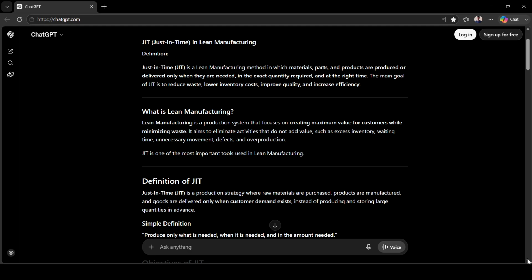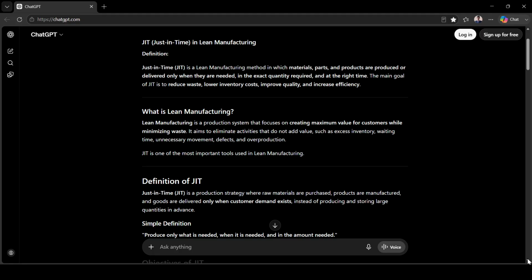In the lean manufacturing method, materials, parts, and products are produced or delivered only when they are needed, in the exact quantity required and at the right time. The main goal of JIT is to reduce waste, lower inventory cost, improve quality, and increase efficiency.